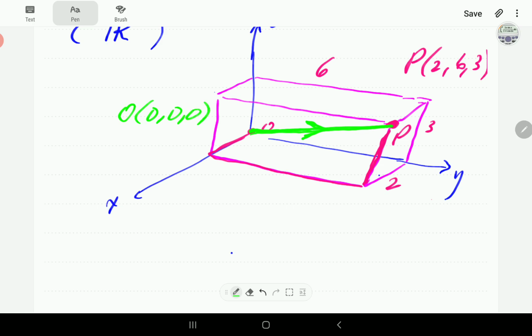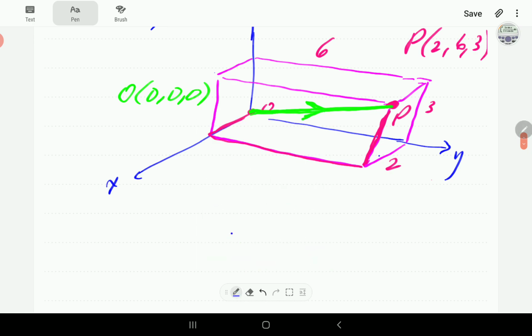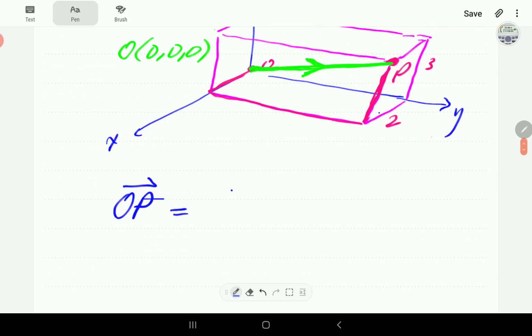then for the vector OP, we're going to start introducing the notation now. OP is just a straight line, but if we put an arrow over it, then this is now the vector OP, because this denotes the fact that this line segment has got direction now.